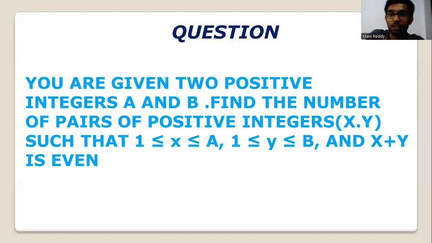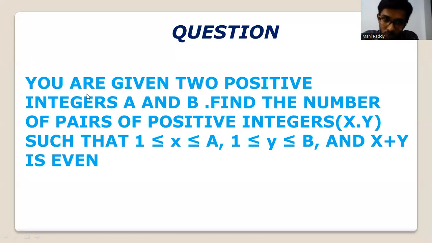Okay, here is my question. Given two positive integers a and b, find the number of pairs of positive integers x, y such that x lies between 1 and a, it must be a positive number, and y lies between 1 and b, and the addition of x and y values must be even.